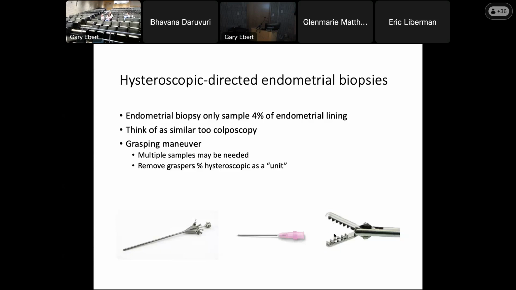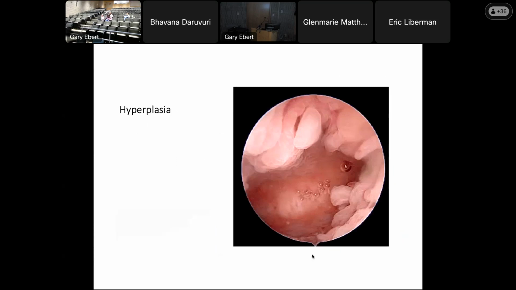When you take out the graspers, rather than pulling it through the operative channel, remove the hysteroscope and the graspers as a unit so that the tissue doesn't get lost. Sometimes you even have to use a blunt needle tip because the tissue is obviously very small, so you may have to take several samples to hand off for pathology.